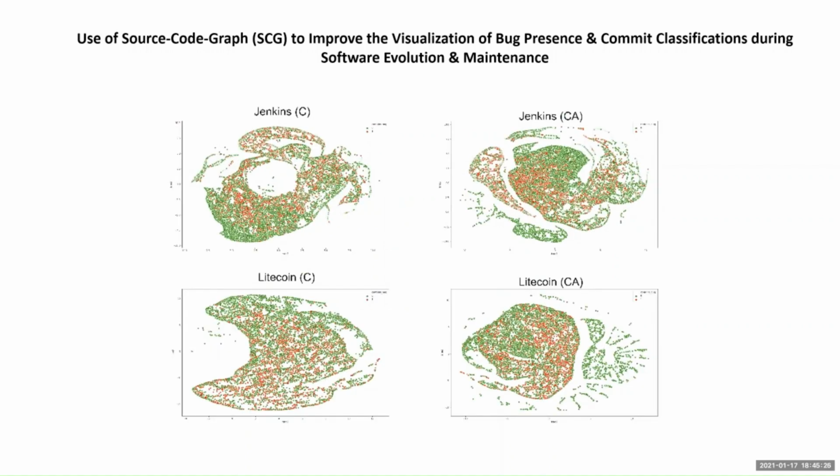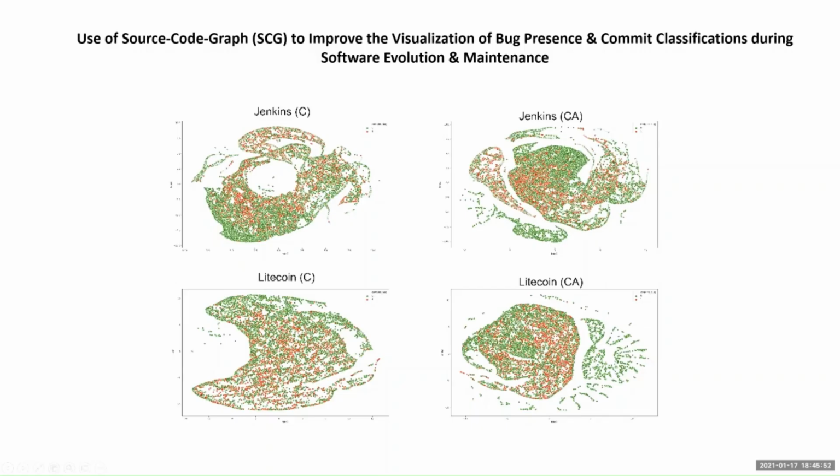In both visualizations, one common thing I can show is that when I use only the features from the commit group, the reds are buggy and the green dots are non-buggy commits. It is very difficult to distinguish separate regions for buggy and non-buggy commits.